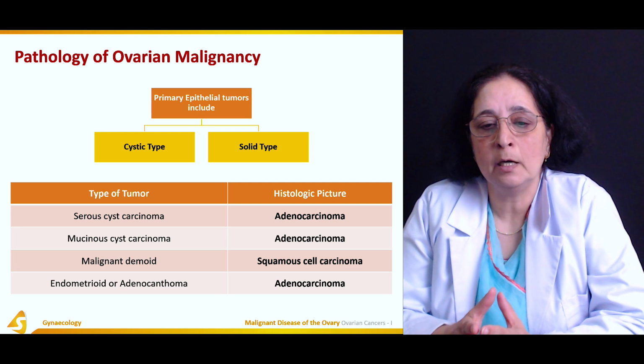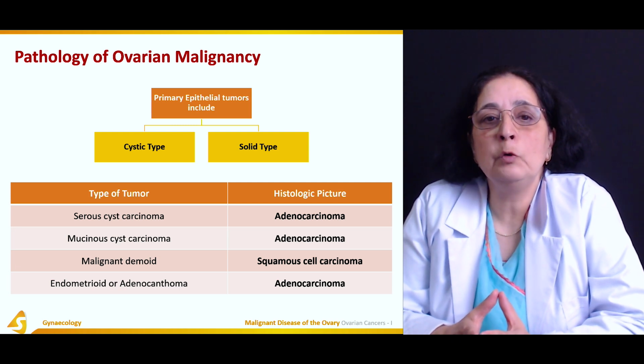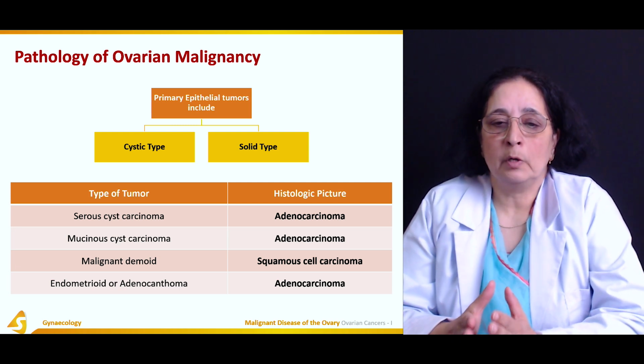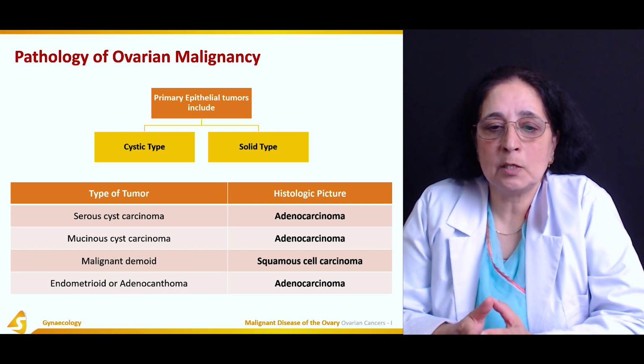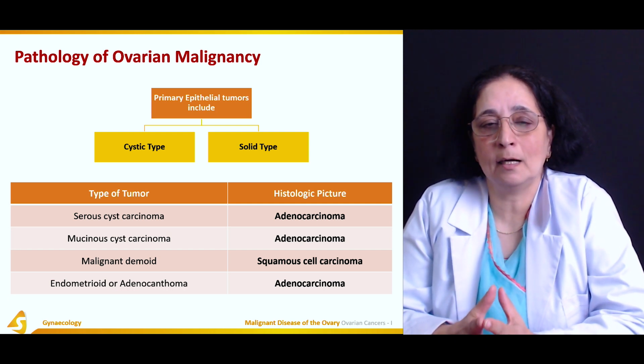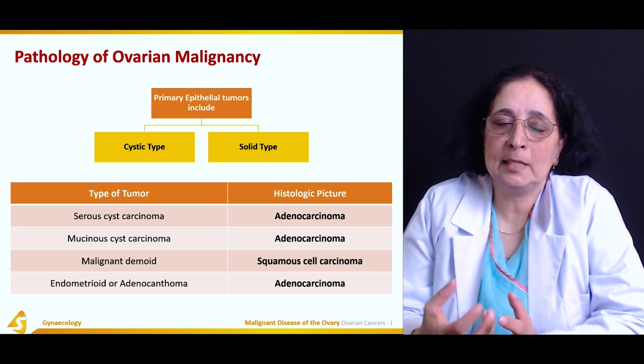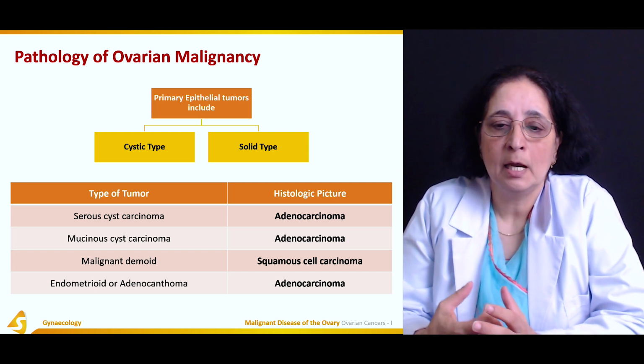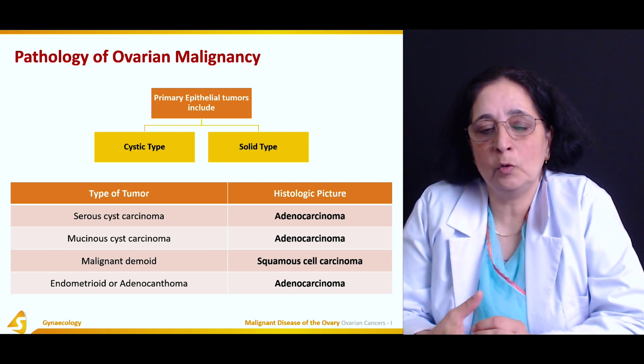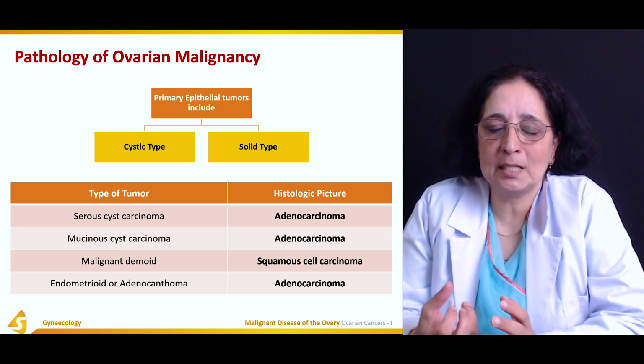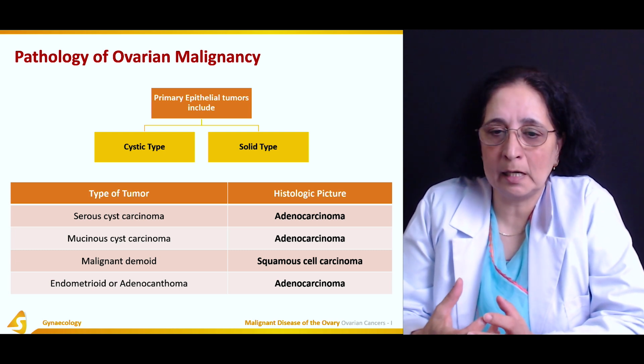And then the second most common is the mucinous type. So types of tumor under the cyst: we have serous cyst carcinoma, in which the cysts have clear fluid; mucinous cyst carcinoma, which is a thick mucus type. Mucinous is not clear.